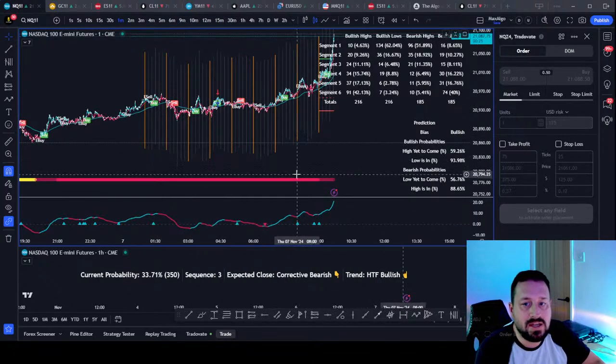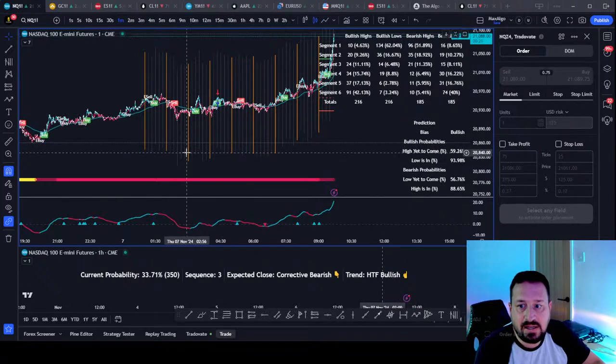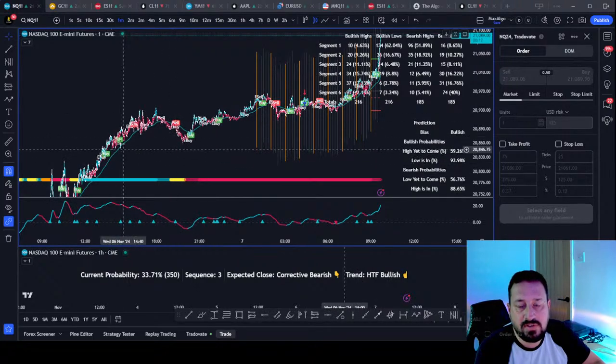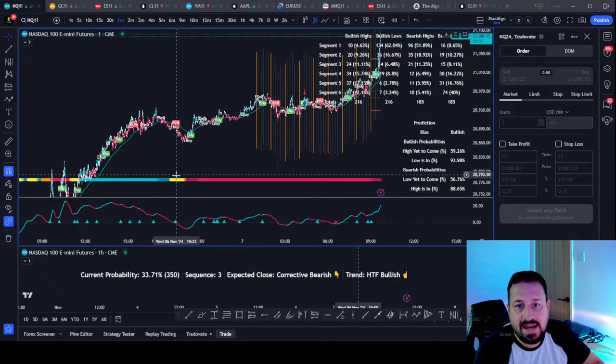So before we can even flip back into that higher time frame trend continuation, the volume's got to get lower than the previous percentage of volume, right? So right now it's 70%. It's between 40 and 70%. Okay, now we're getting to the point where we could get a bearish flip.